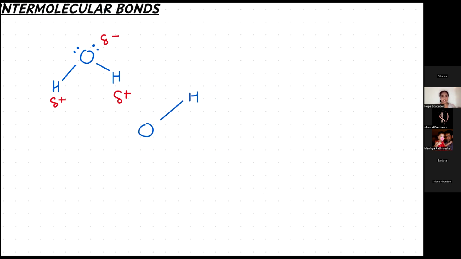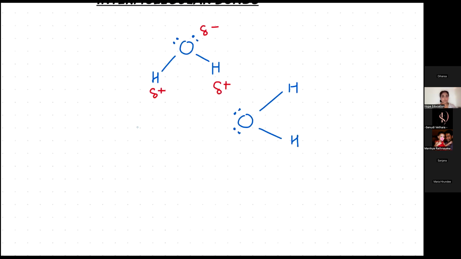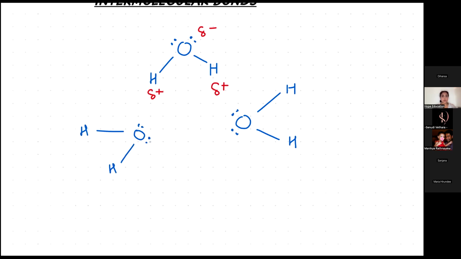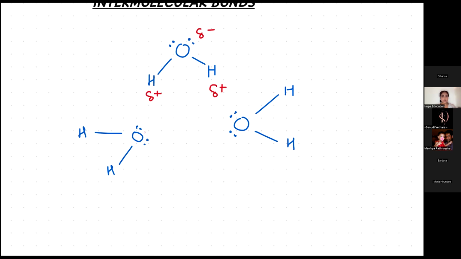The angle can change, like this. So this is one water molecule, this is another water molecule. Now here there are 3 water molecules.